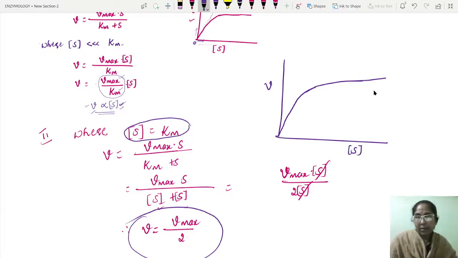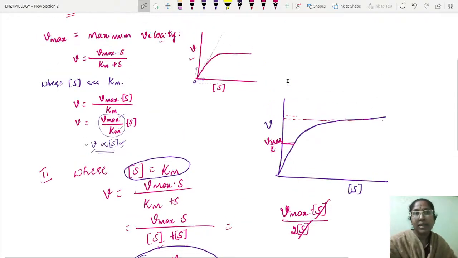So if we consider this as the maximum velocity, see, if this is the maximum velocity, then this is the half of the maximal velocity. So this is equal to Vmax by 2.